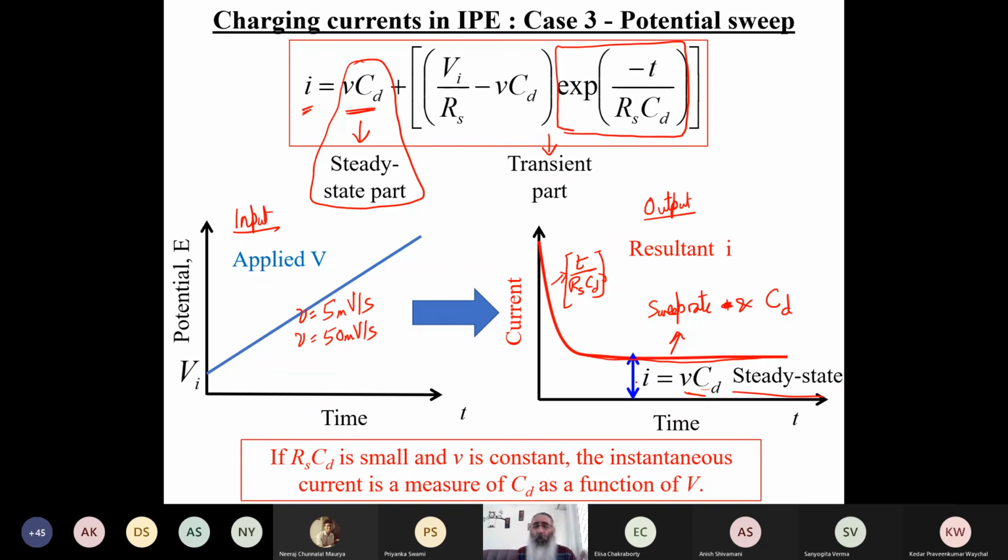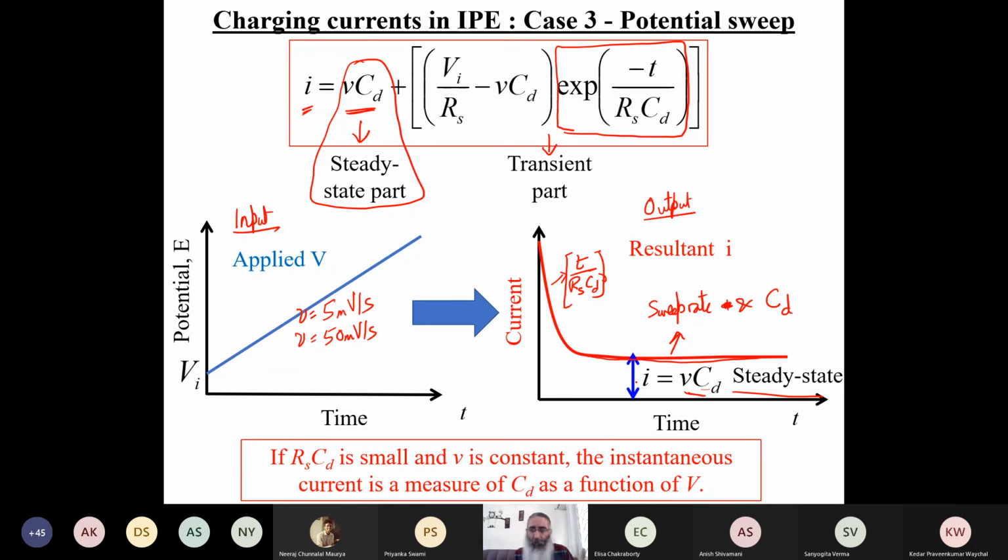And all this is valid for a small potential step, or for as long as the potential is small, because the overarching condition that we have imposed on all three is that everything is an ideally polarized interface. In order to keep it as an ideally polarized interface, the potential that you are applying cannot exceed the limit of charge transfer.